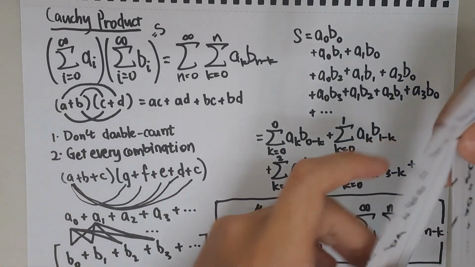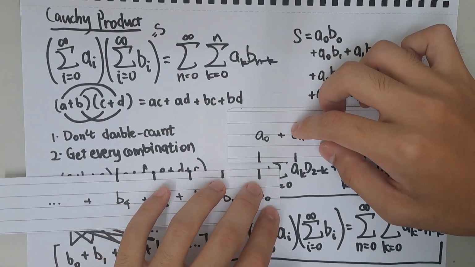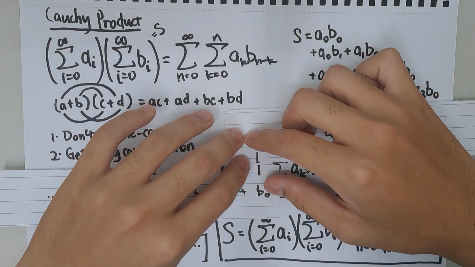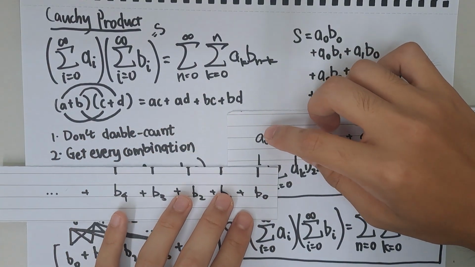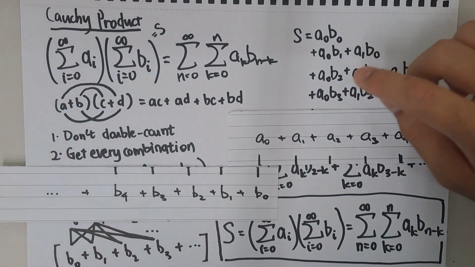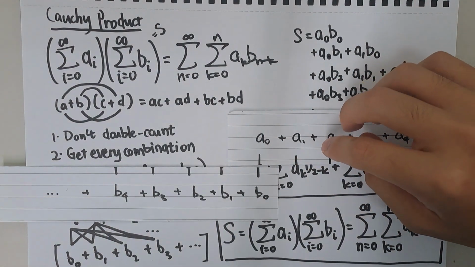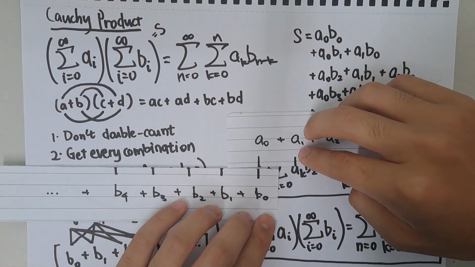So let us start with this. And maybe a good way to check this is to follow A0 and check which B terms it has been matched with. So first here, A0 is matched with B0.